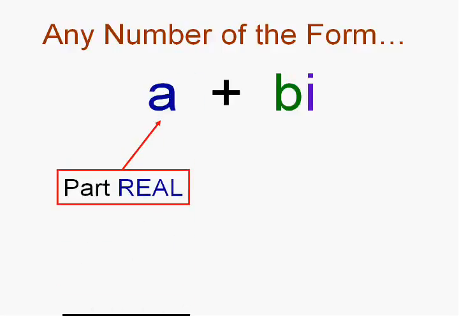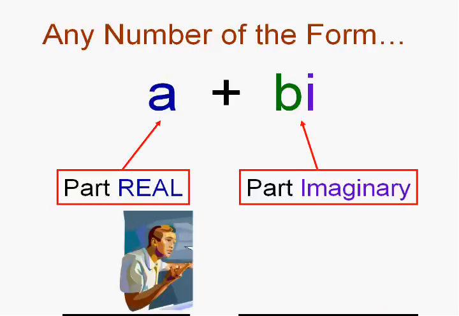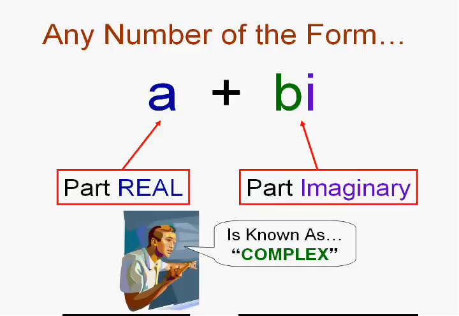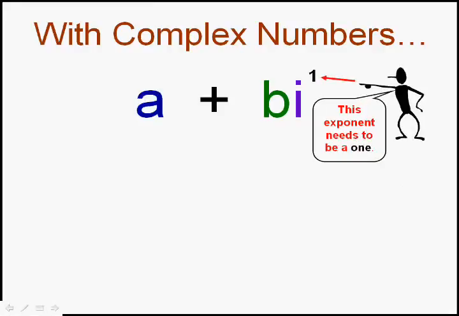is going to have to be part real, that's the a part, and part imaginary. And anything that's part real and part imaginary, we're going to call complex. That's a complex number. Now, if you're truly dealing with complex numbers, consider the exponent of i will have to be 1.